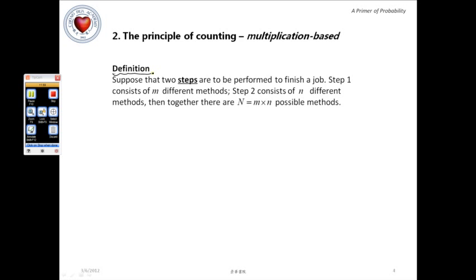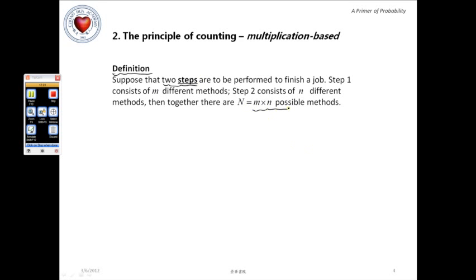What are the key points we should focus on here? Well, first, check if more than one step needs to be performed to finish the job. So we have 2 steps to be performed to finish the job. If yes, we can conclude that the multiplication rule should apply.